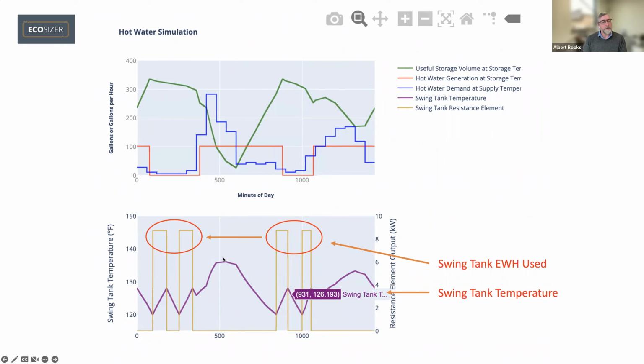So in this case, if it's 120, essentially what we're looking for is it starts the day at 130 because it's experienced overnight losses. Those losses accumulate, and we see the purple line is at the bottom of its V, and at the bottom of the V is where the electric resistance element turns on, right? That's that gold line. So it hits the bottom, it gets into the safety zone, electric resistance turns on, it runs, it lifts. Now we're at the top of the peak, and then it turns off.